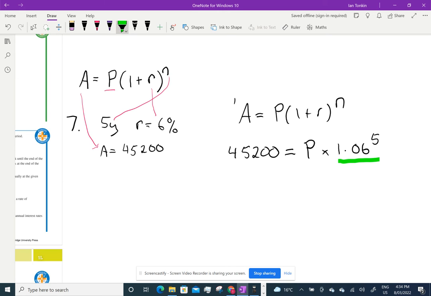Now to solve an equation, you do the inverse operation. So to get rid of it and get the P by itself, I have to do the inverse to the other side.